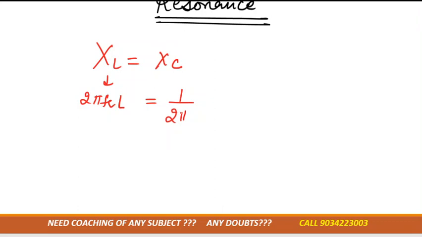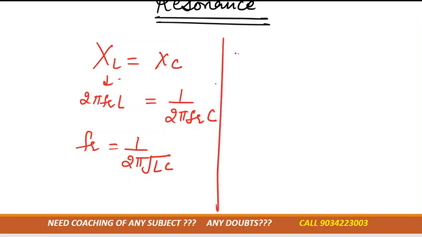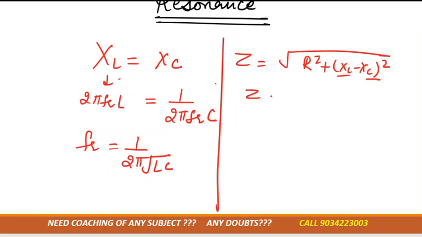XC is equal to 1 by 2 pi FR C. So the FR formula is equal to 1 by 2 pi root LC. Correct? If XL equals XC, then Z is equal to the root of R square plus (XL minus XC) whole square. In this condition, if XL is equal to XC, then Z is equal to R, right?